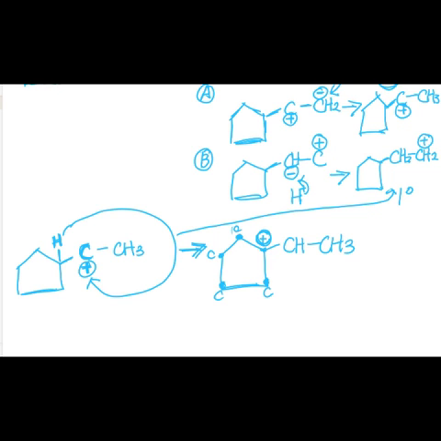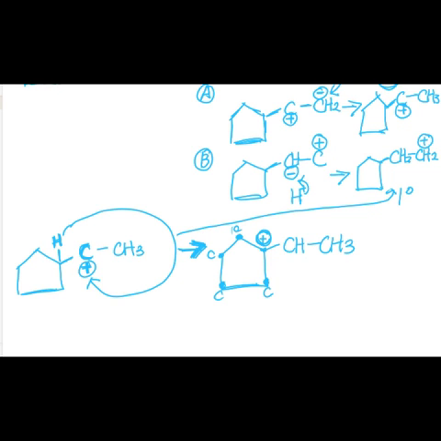So right now, this particular carbocation intermediate is a tertiary carbocation intermediate, which means it is more stable than previously, when it was secondary. So this reaction is favored, and it will become this eventually.